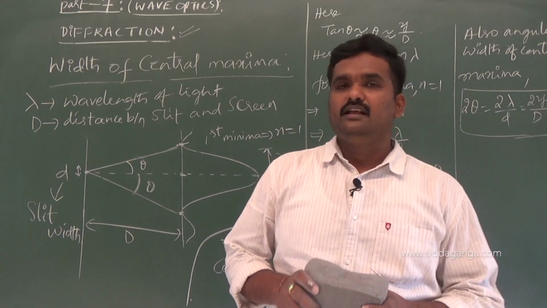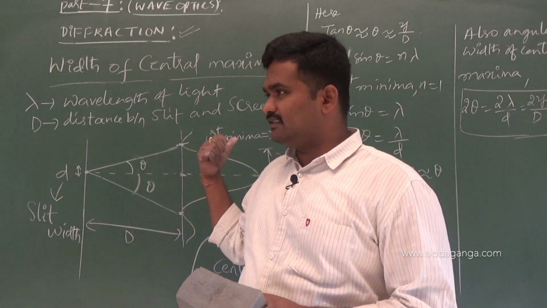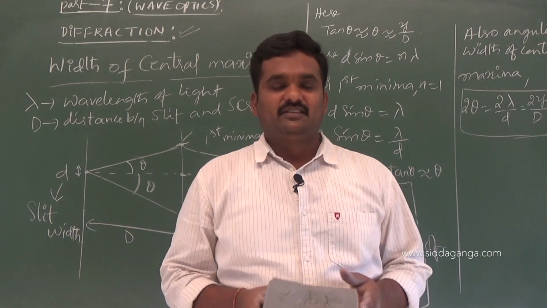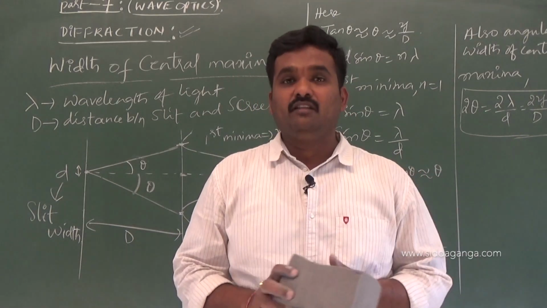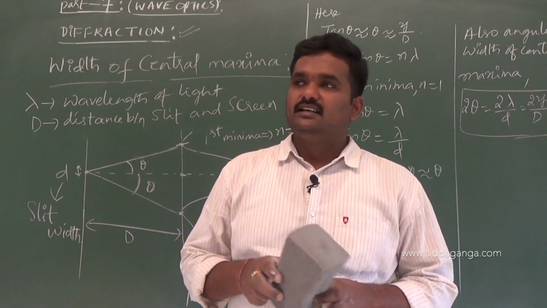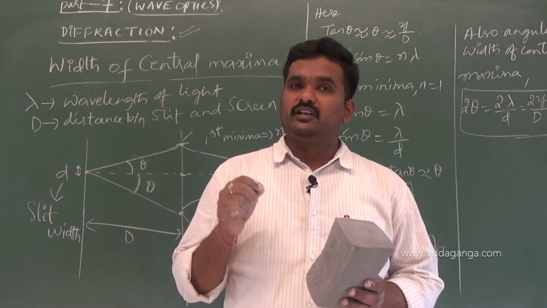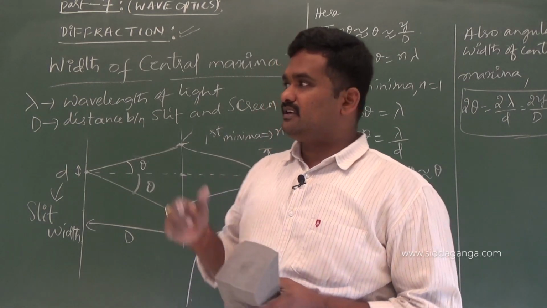Two more points are left in this topic of diffraction: resolving power as well as limit of resolution for certain optical instruments. What do we mean by limit of resolution and resolving power? I will explain that in the coming sessions.